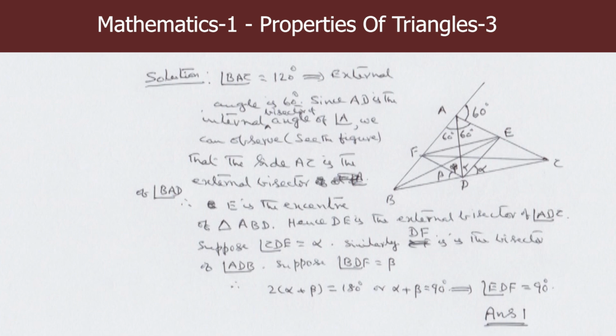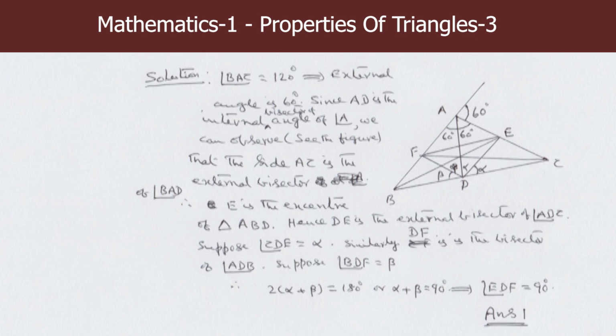Hence, DE is the external bisector of angle ABC. So the side AC is the external bisector.